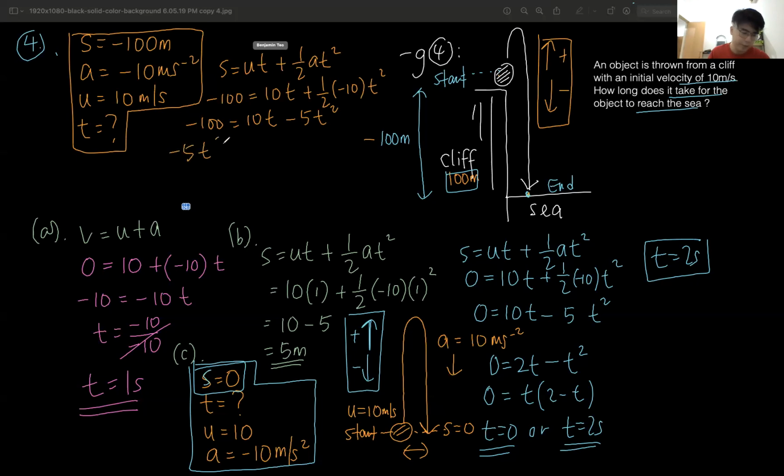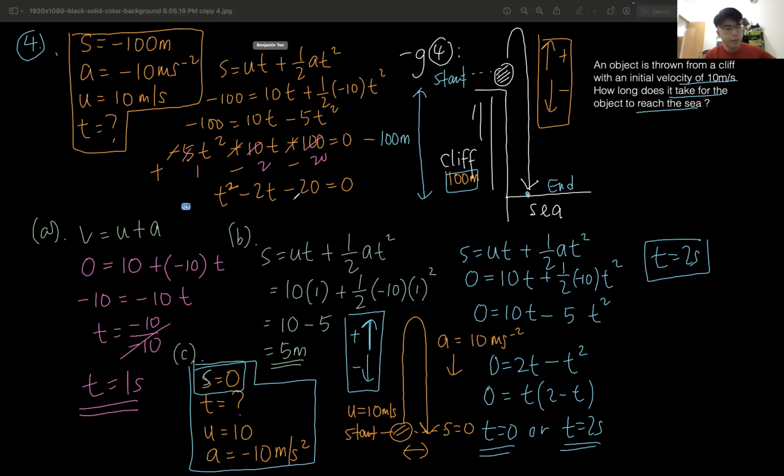Minus 5t squared plus 10t plus 100 equals to 0. And then I can simplify the negative. I multiply by the negative, so this one becomes positive, this one becomes negative, this one becomes negative. And also I can simplify this, 5 over 5, 10 over 5 is 2, 100 over 5 is 20. So I get t squared minus 2t minus 20 equals to 0.